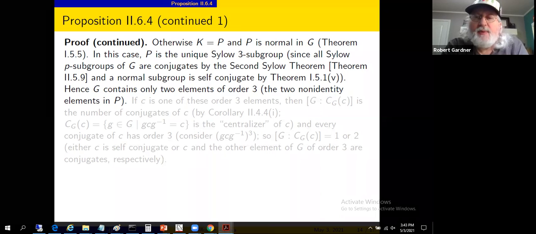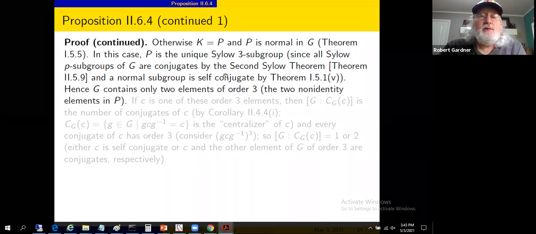Conjugate the group, you get the group back. Theorem 1.5.1, part 5, the laundry list of things that were equivalent, which we took as a definition of normal subgroup. So, since we've got a normal subgroup, then it must be a unique Sylow 3 subgroup of group G.